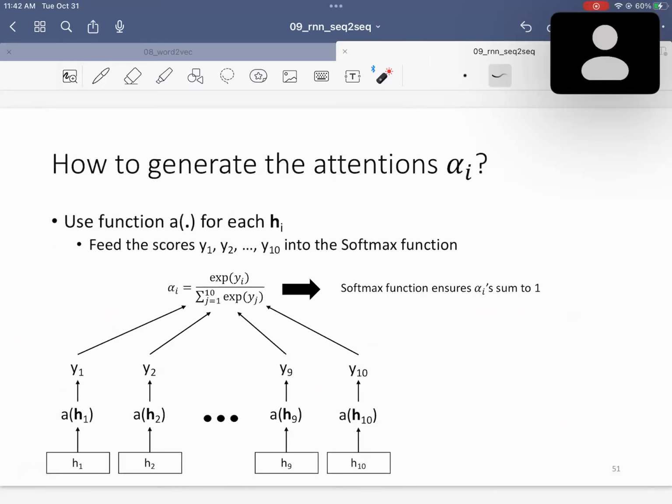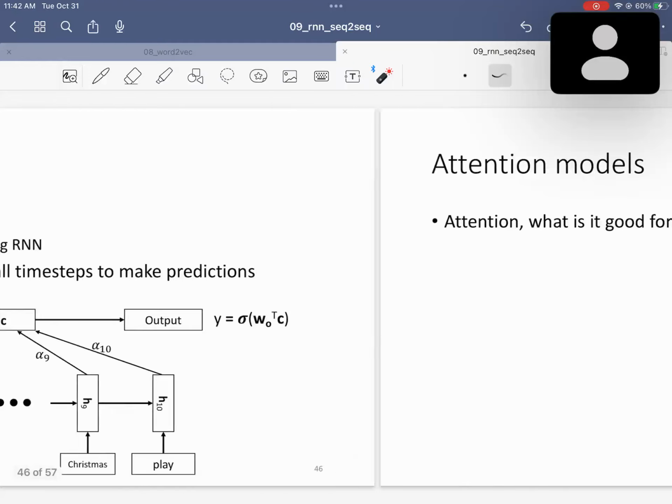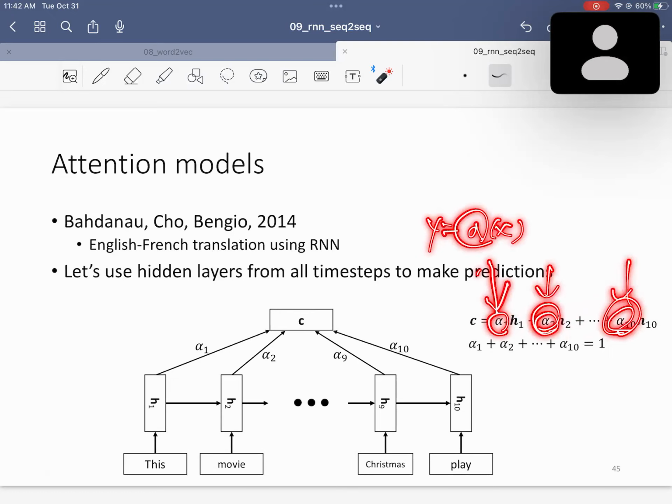They are end-to-end trainable because you can go all the way back to here. Your C is a weighted sum of the H's, but alphas come into play, and alphas are generated by the A function, right? The A function is used every single time an alpha is calculated.